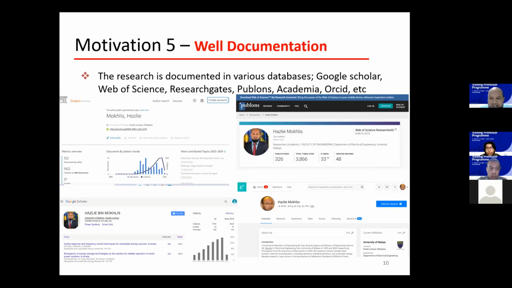And it is good when you publish more, the more papers you have listed on the social media, so people will know you easily, your work, what you're doing. So this is more on the visibility of your work.